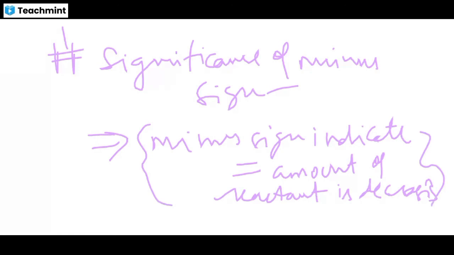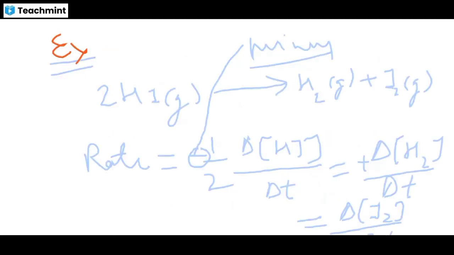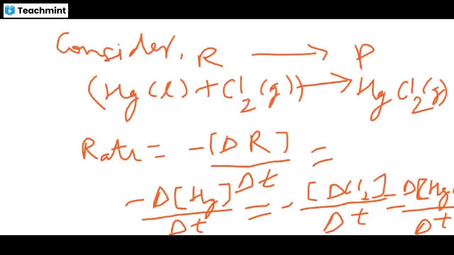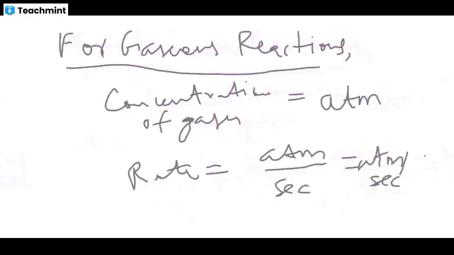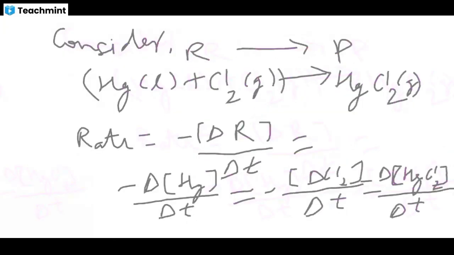You can see del of HgCl2 upon del T, not minus del HgCl2, because we are getting the product, which means the amount of product is increasing. If the rate is increasing, we will not use any minus sign. Where there is a decrease, there should be a minus sign. So this is the concept here.